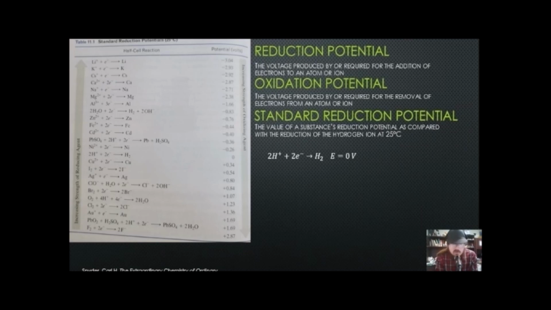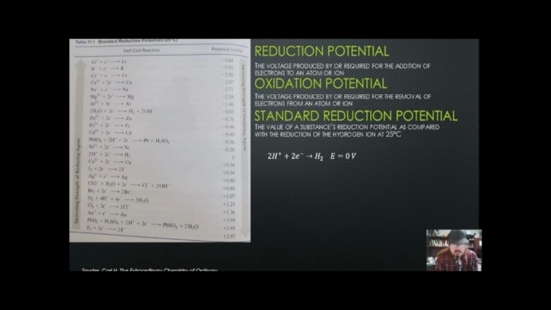And that's where we took the standard of hydrogen, protons being reduced to hydrogen gas, and we've set that artificially at 0 volts. Everything measured against that either produced or required a voltage to make this work. And we measured that and got a reduction potential from that.